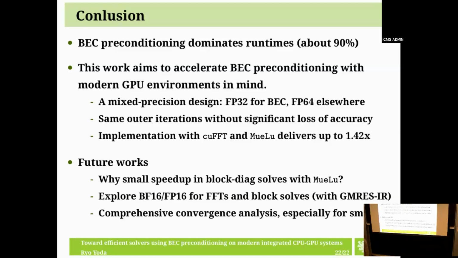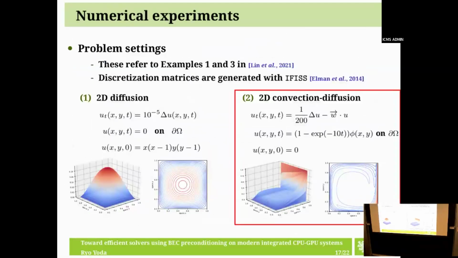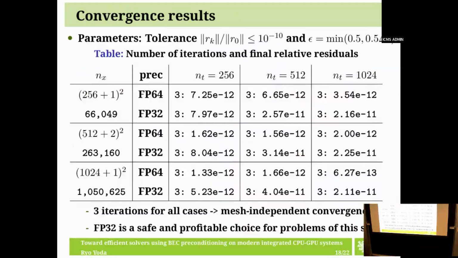In, I think maybe slide 17 or so, we were choosing epsilon 18, the minimum of 0.5 or so. Can you say a bit about why that choice? That choice refers to the original paper.